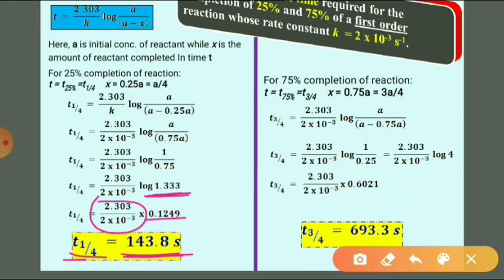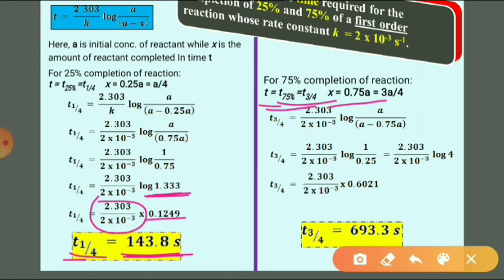Now let's see the time required for the 75% completion of the reaction. For that we have to again consider the t, that is replaced by t 75% or t 3/4. So one and the same, you can either use t 75% or t 3/4. Here the value of x will be 0.75, because 75% of the reaction is completed.